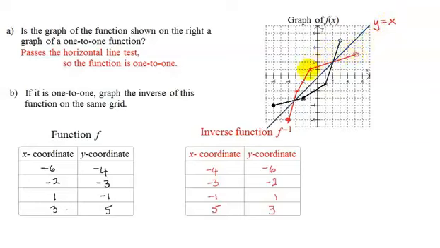And does the red graph look like a reflection of the black graph around the blue line, the line y equals x? Yes, it looks like if I folded my paper down this blue line, this would lie on this, etc., all the way up. So they look like they are reflections about the line y equals x.